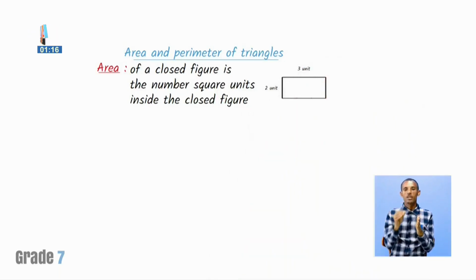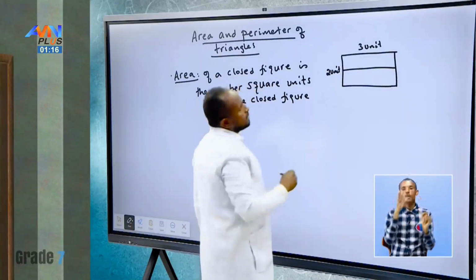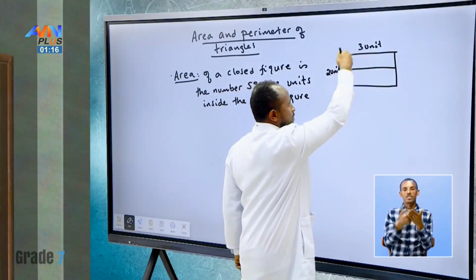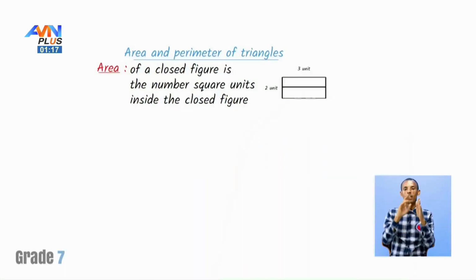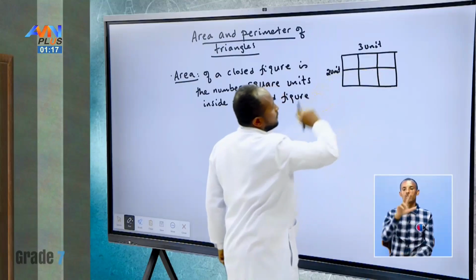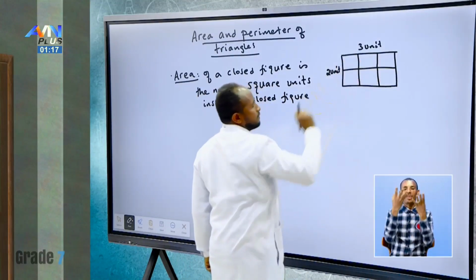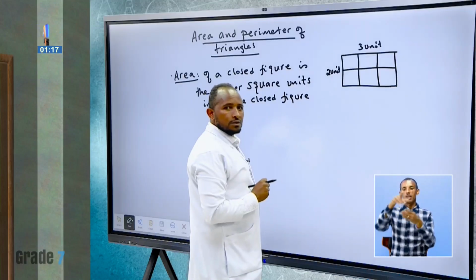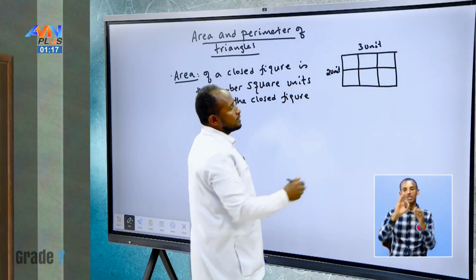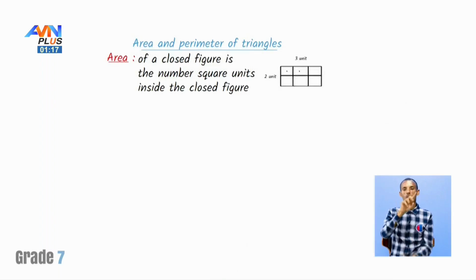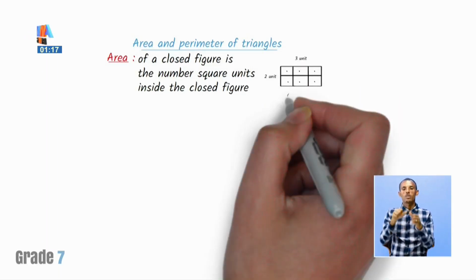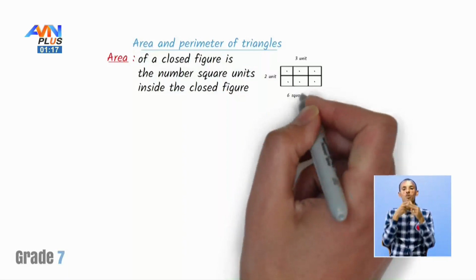If you divide this into 2 pieces, and this into 3 pieces, you have this. So, how many square units do you have in this region? Simply, you can count the number of square units. 1, 2, 3, 4, 5, 6. So, the area of this region is 6 square units.